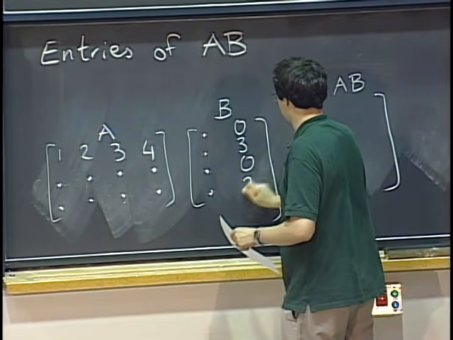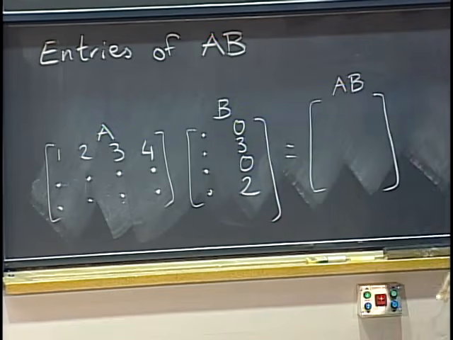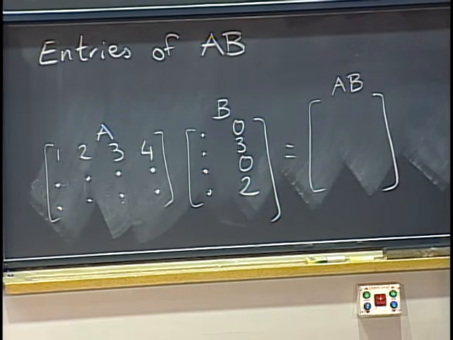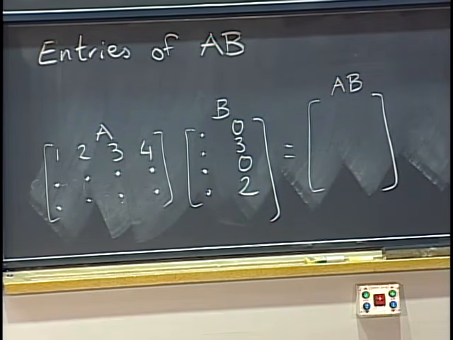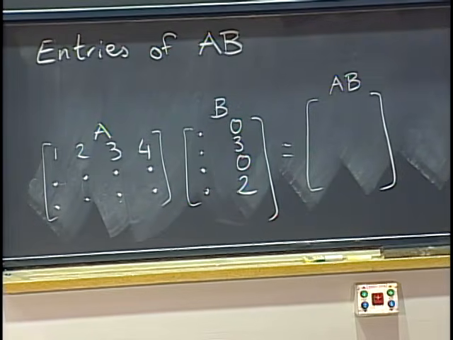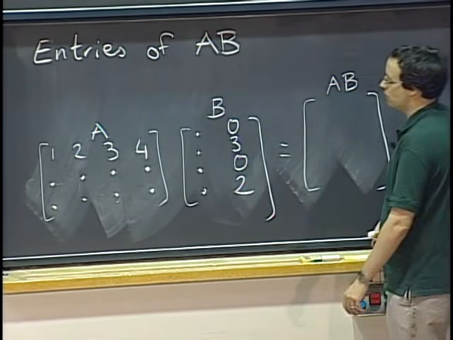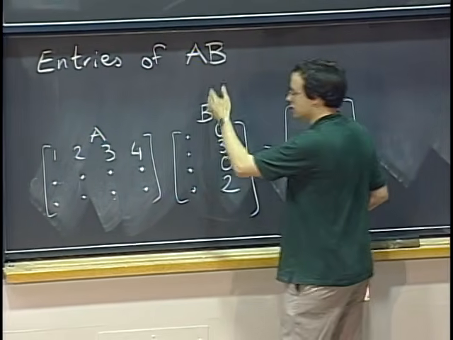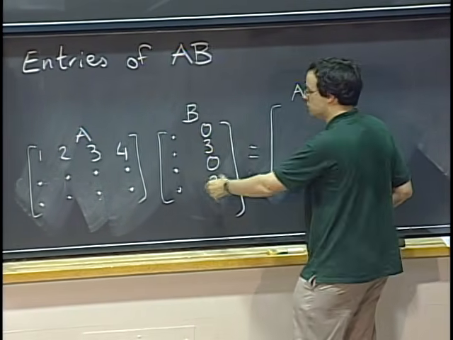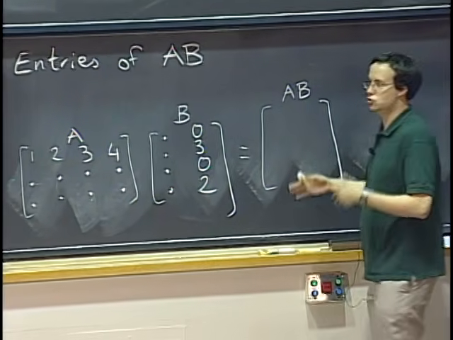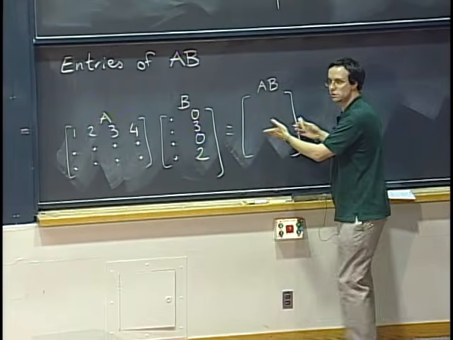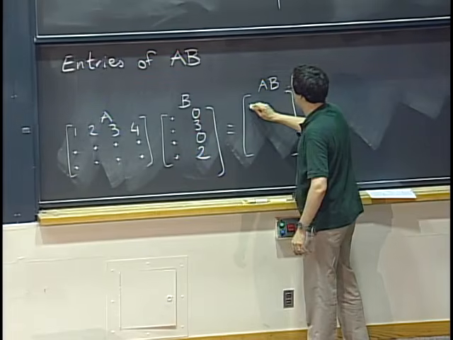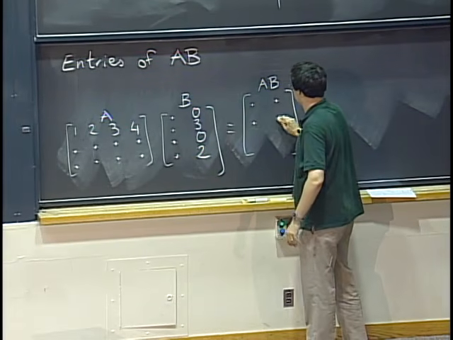And let's say, for example, that the second column is 0, 3, 0, 2. So A times B, I claim, will have entries that are the dot products between these rows and these columns. Here we have 2 columns. Here we have 3 rows. So we should get 3 times 2 different possibilities. And so the answer will have size 3 by 2.